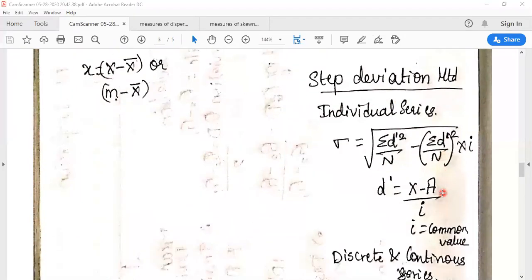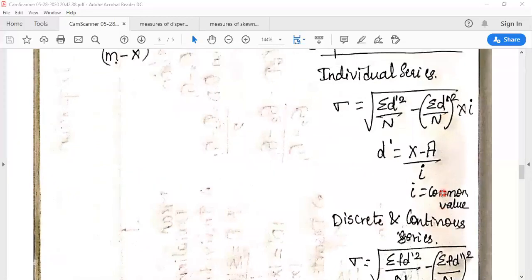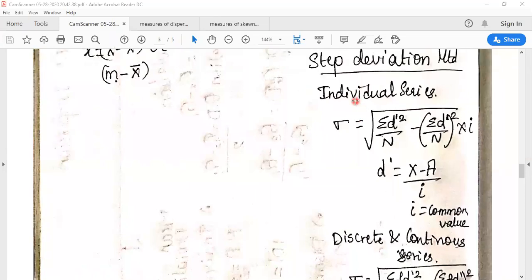Now in the step deviation method, you have a slightly different formula for individual series and for discrete and continuous series. For individual series, you are supposed to find the deviation, but it is a step deviation, an extra deviation you are finding. In that case, d dash is equal to x minus a, where we are taking from assumed mean only, divided by i.